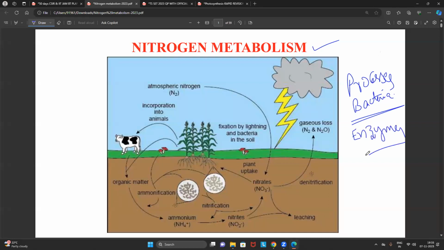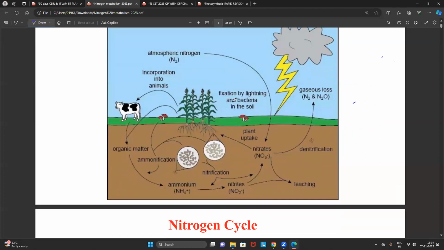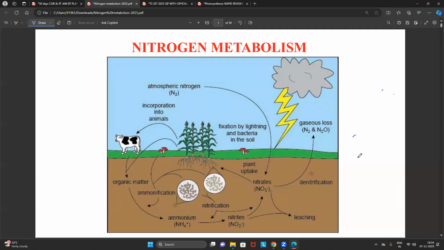So far, whatever questions I have seen that were a little tricky and difficult in nitrogen metabolism, are only from the enzymes. So I request all the students to give the highest importance to the enzymes. Do not disturb me for half an hour. After 8 or 8:05, I will give the time. You can ask all your doubts. Okay, focus. It's not a too difficult topic. It's interesting. I'll go a little faster.